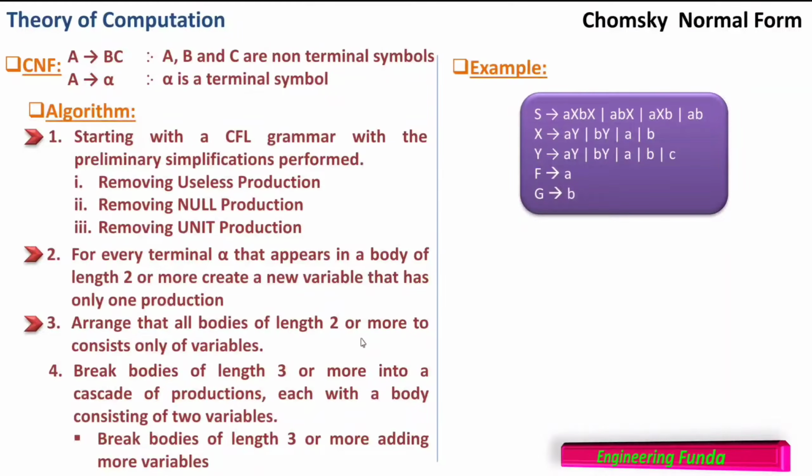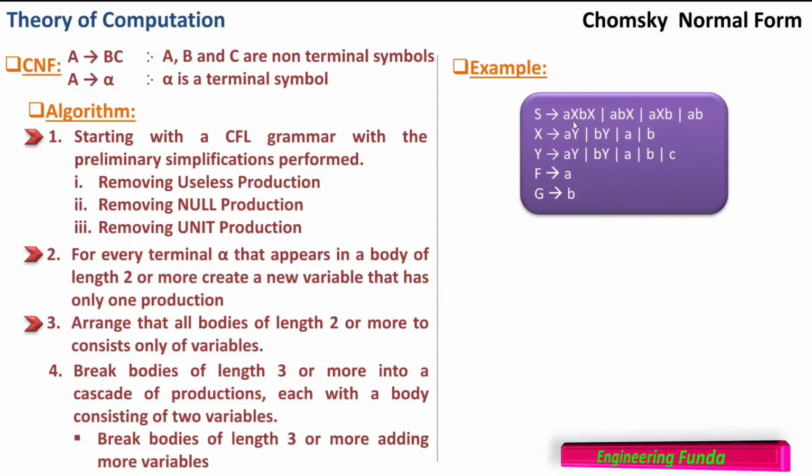We first focus on productions having length 2 or more: S tends to AX, BX, then S tends to ABX, S tends to AXB, S tends to AB, X tends to AY, X tends to BY, Y tends to AY, Y tends to BY.